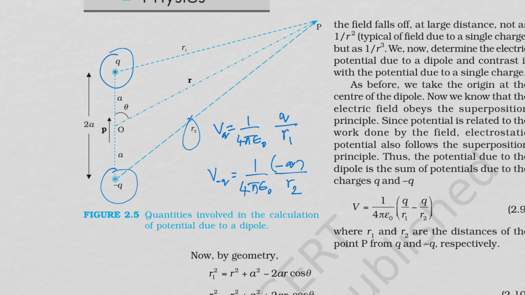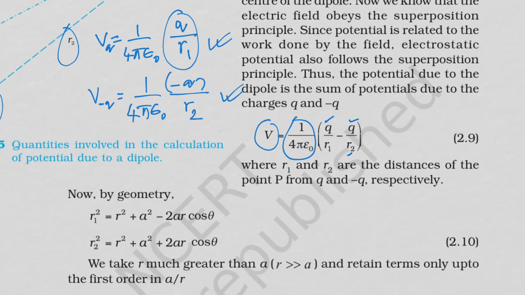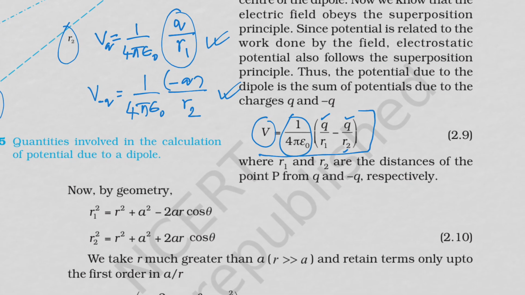Then the total potential V due to this dipole is the sum of these two potentials. One is q by r1 and the other is minus q by r2, and 1 upon 4 pi epsilon naught is common to both. So this is the formula for the potential due to a dipole. But what is intriguing here is that we don't know the values of r1 and r2.